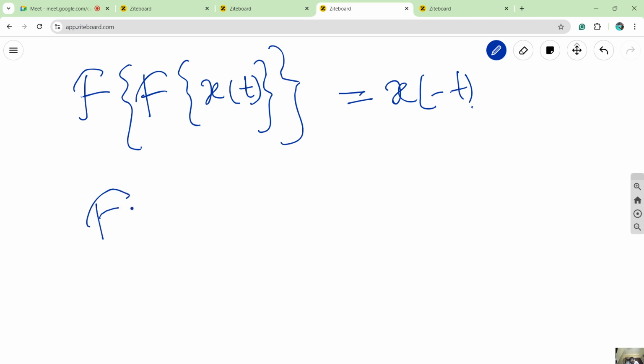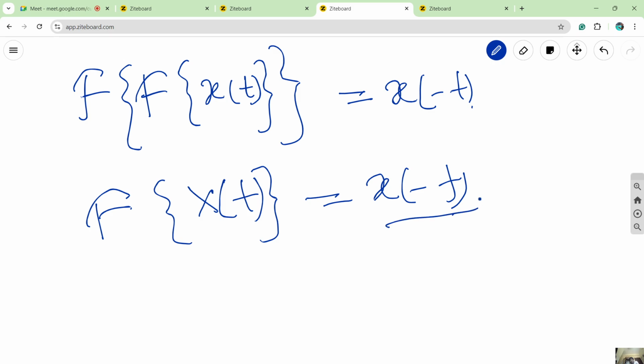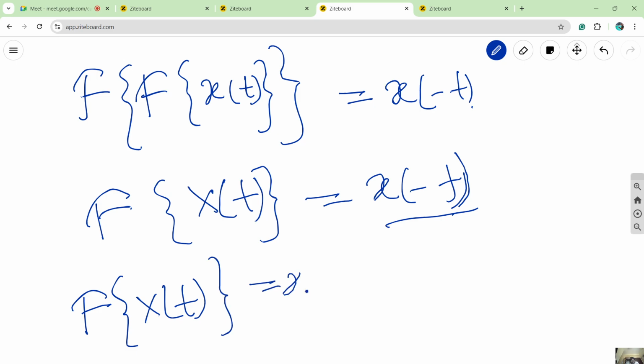So if we take the Fourier transformation of x of t, it is actually x of minus f. So the statement is asking whether x of t can only be a real signal if the given property holds. However, there is a condition like this: x of t is equal to x of minus f.